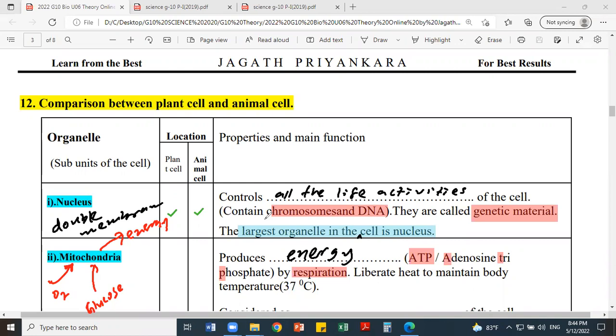A dead body is cold. Why is a dead body cold? No respiration. After the death of a person, the body becomes cold. Why? No respiration means no heat production. When you are exercising, you breathe fast, you take more oxygen, and your body warms up because more heat is generated by respiration. Therefore, respiration is not only for energy; it helps to keep your body warm.